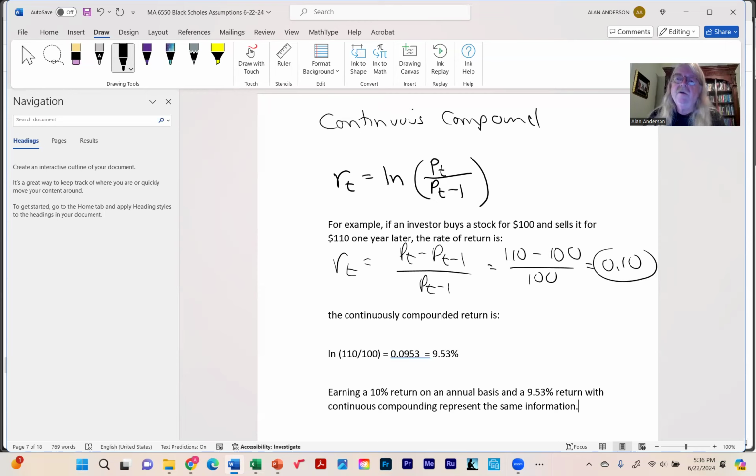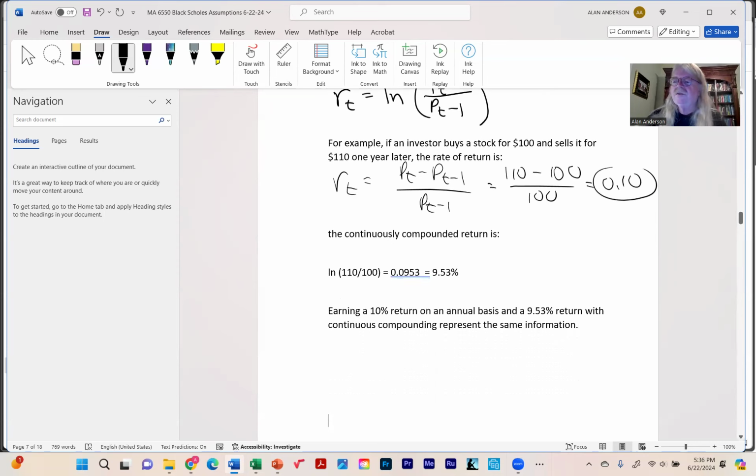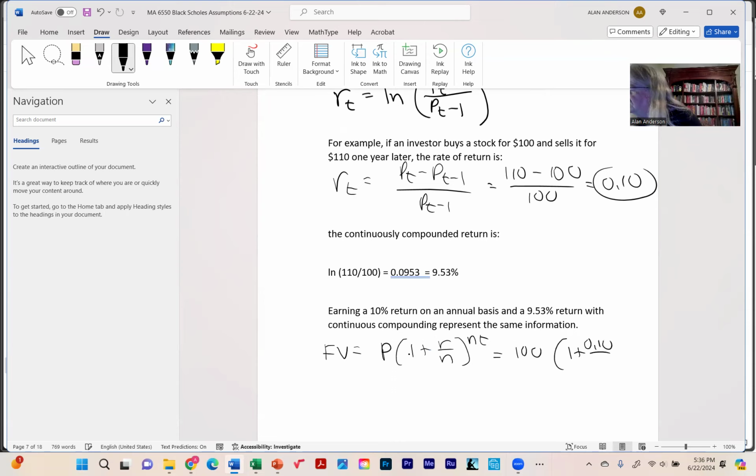Okay. Now, in a way, it's kind of like the difference between Celsius and Fahrenheit. But the reason why this is happening is because if you use these numbers to calculate the future value of your investment, in the first place, you have 100, let's say $100. You have a 10% rate of return.